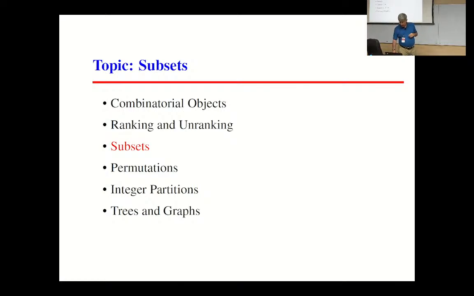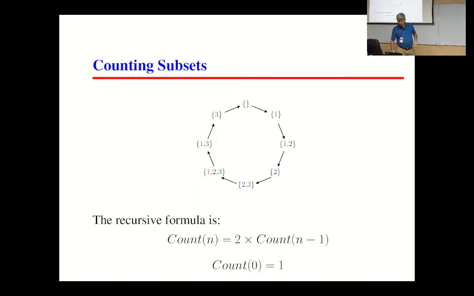Let's start with subsets, which are a kind of simple thing. The first thing you need to do is to count. How many subsets of n things are there? 2 to the n. Why is it 2 to the n? There are a couple of simple ways to see it.